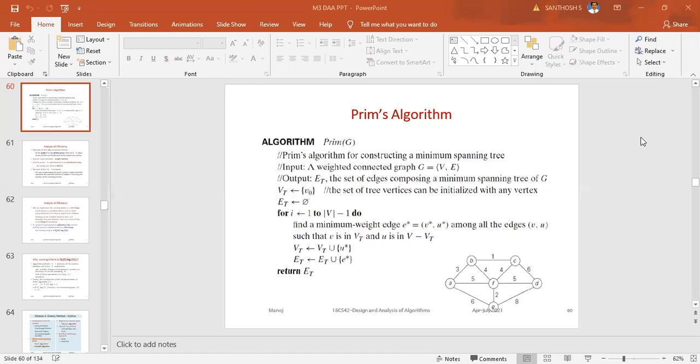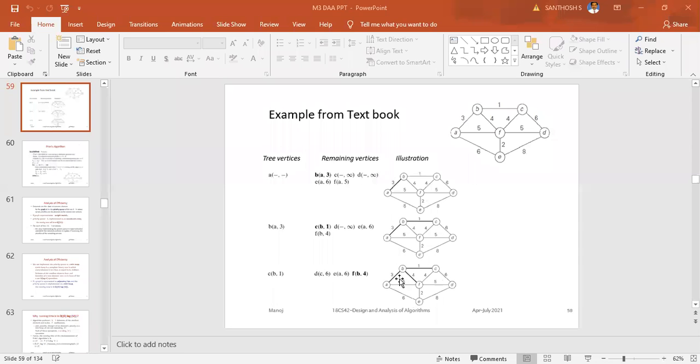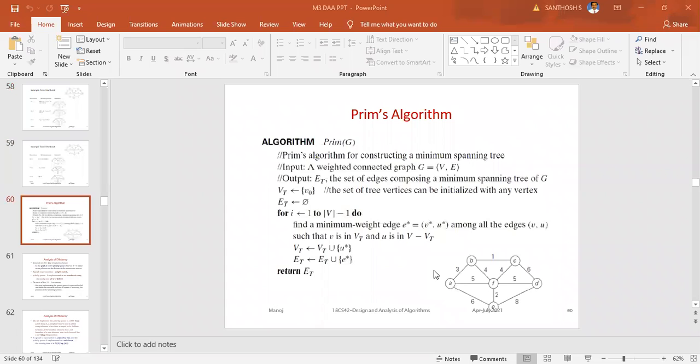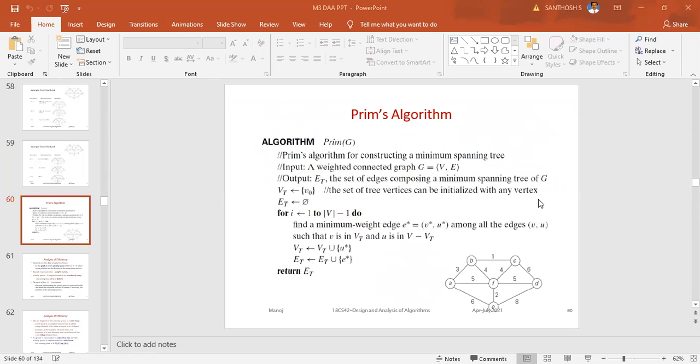The problem you need to solve using the previous textbook method, which I've illustrated here. Using the same concept, you have to explain how to find the path from source to destination. So this is up to Prim's algorithm. I hope you all understood this concept.